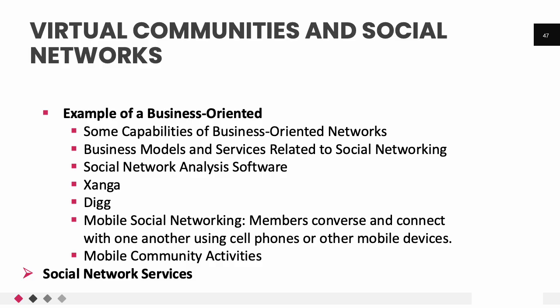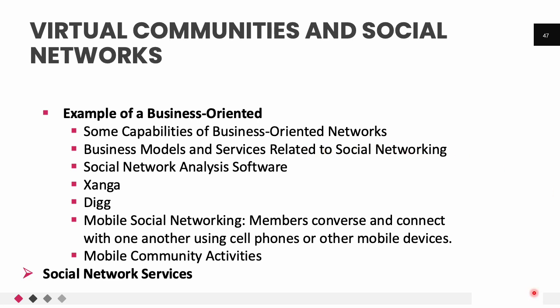This refers to the specific features and functionalities that make this network useful for professionals. And as we discussed, this includes networking, information sharing, job seeking, recruiting, collaboration, personal branding, and lead generation. And then the business models and the services related to the social network.